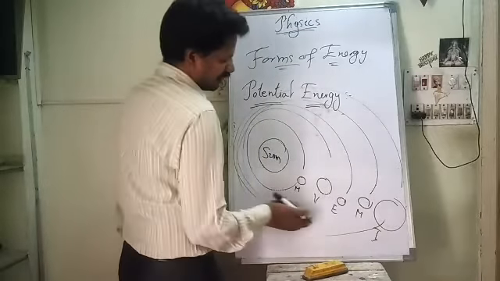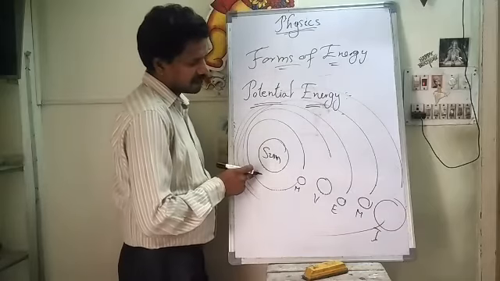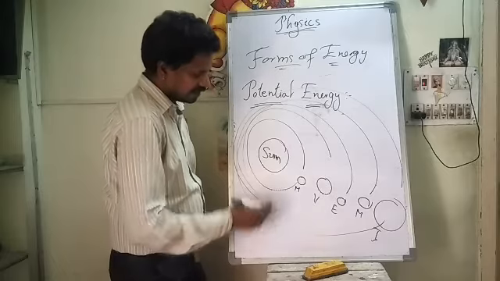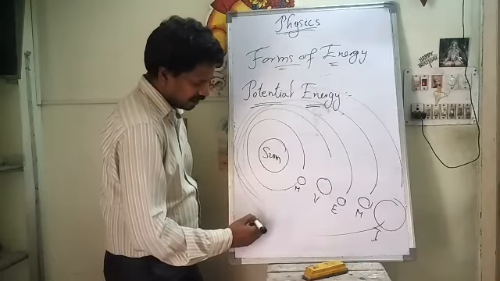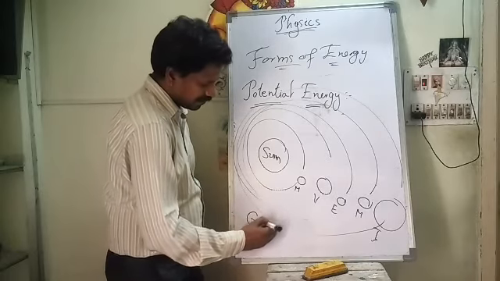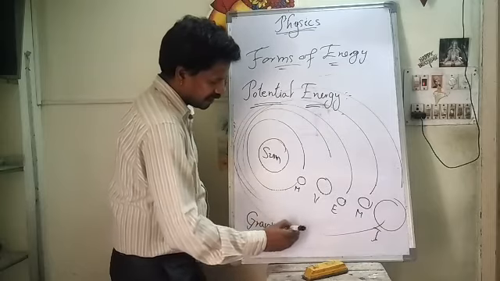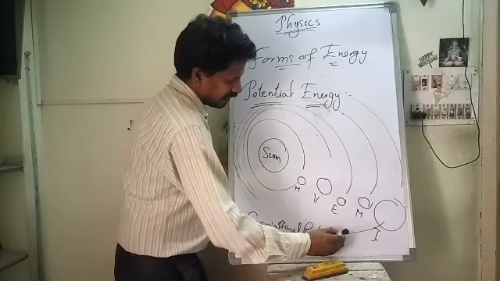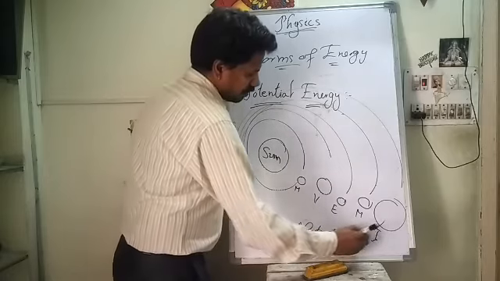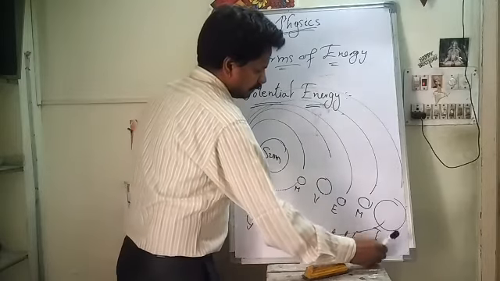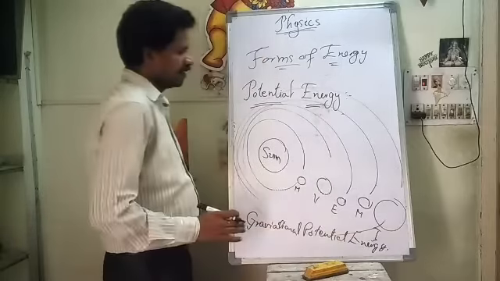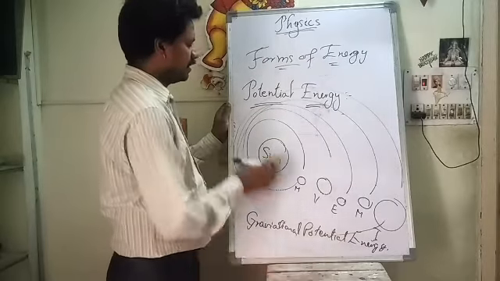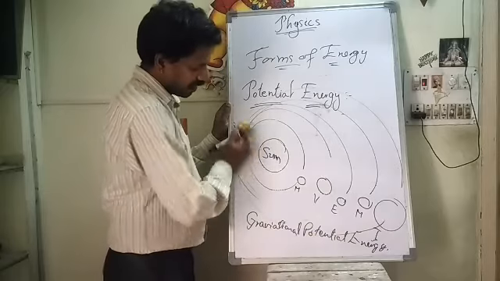These all revolve around the sun because of gravitational force. The energy between them is called gravitational potential energy. Remember, here also the unit is joule.